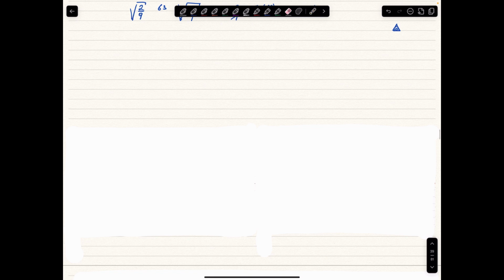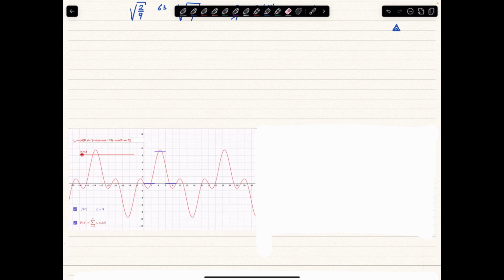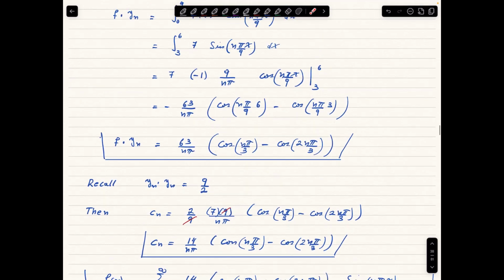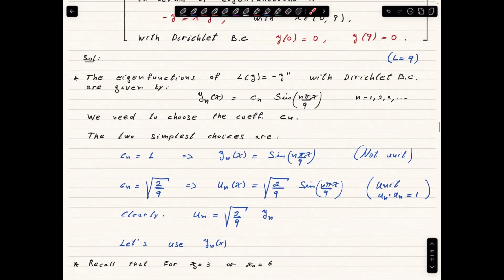I have two pictures here. In the picture we see the function f. This is not the right function, okay, so this is from 0. Yeah, I screwed up the function, because what function do I have here?